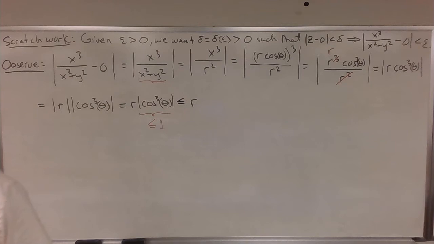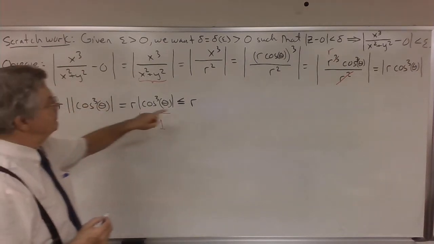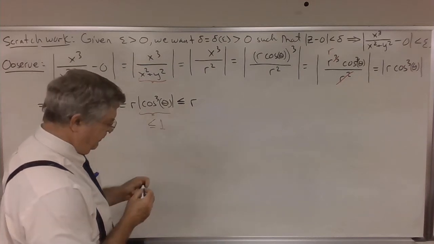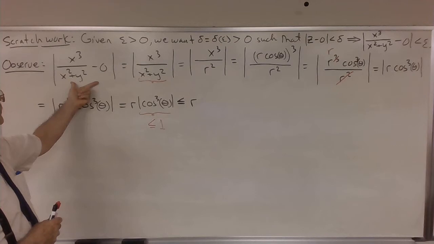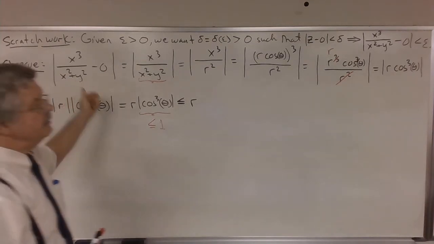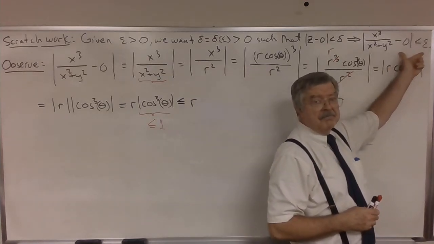Well, that's kind of significant, I think. I'm not sure what it's significant of. But here's what I started with. And this thing turns out to be less than or equal to r. Now, what did I want to be true of this thing? I want this thing to be less than epsilon, right?